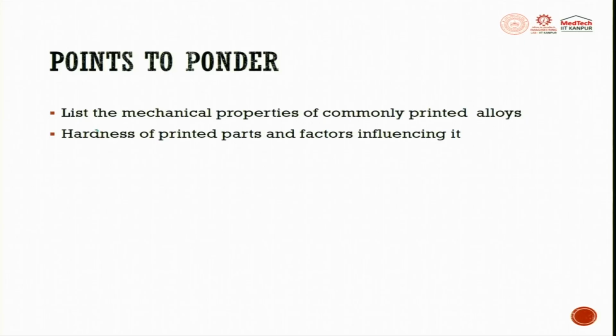So, points to ponder. In this lecture, we looked into a list of mechanical properties of commonly printed alloys. What are the commonly printed alloys? You can take iron alloys, titanium alloys, and aluminum alloys. Here we compared the conventional strength with the additive manufactured strength.